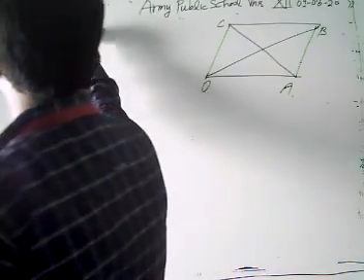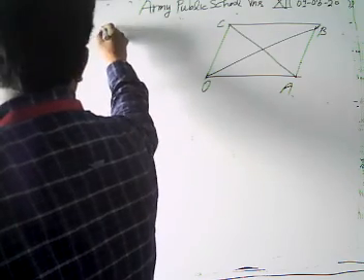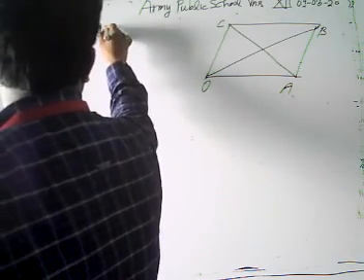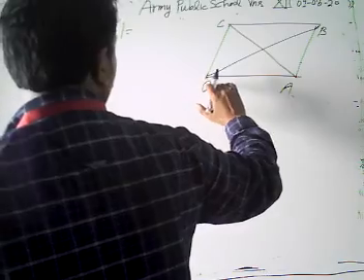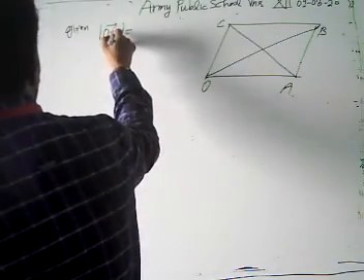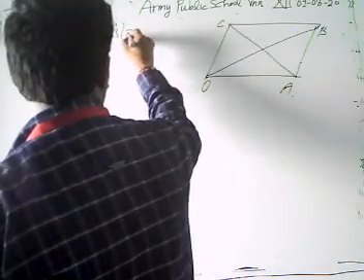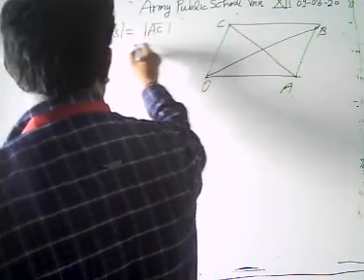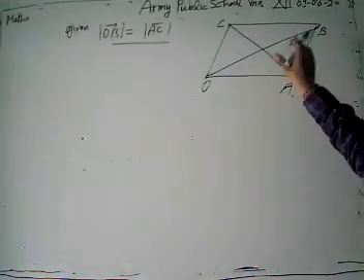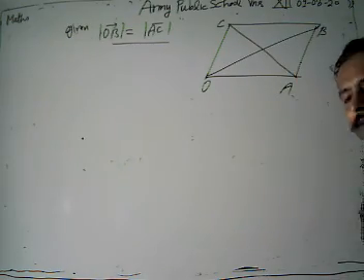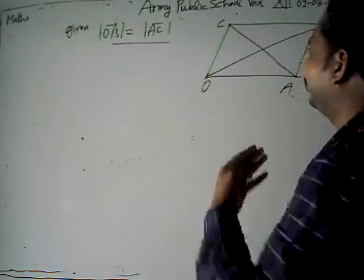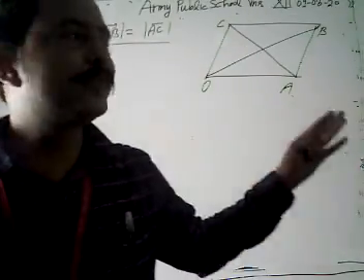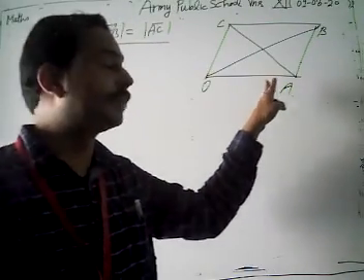Sorry, it's my apology. The length of OB is equal to AC, it's given. If the diagonals of the parallelogram are equal, then we have to show it is a rectangle.